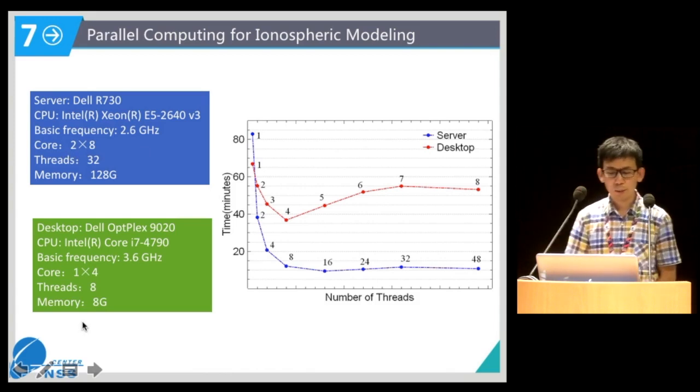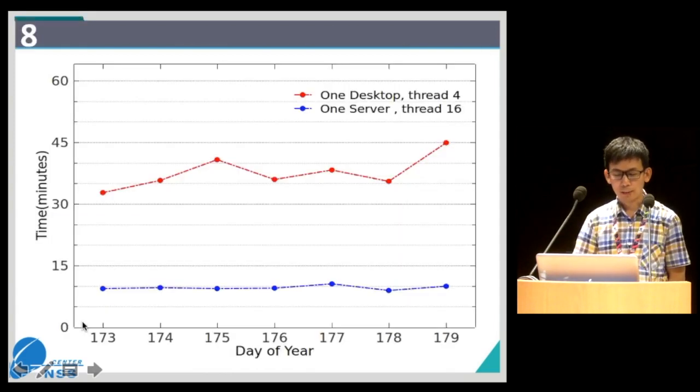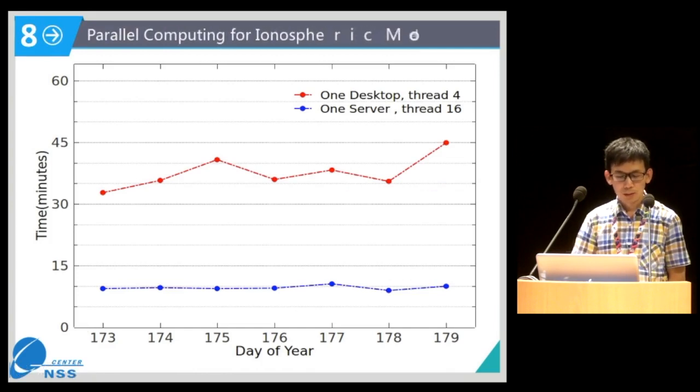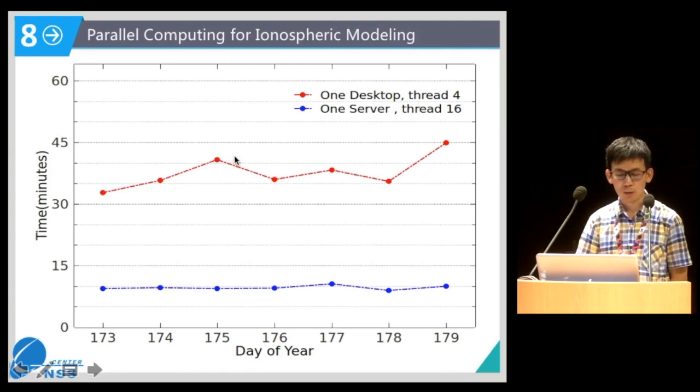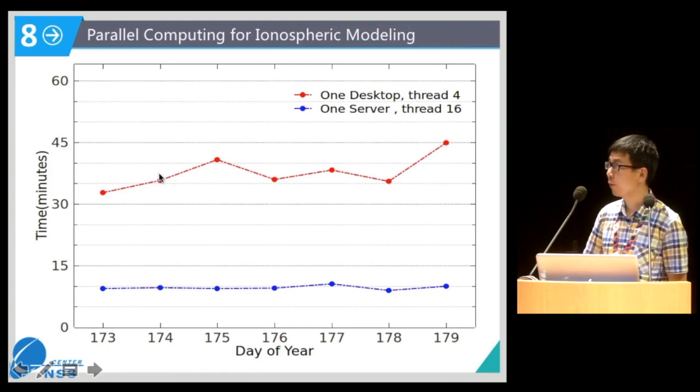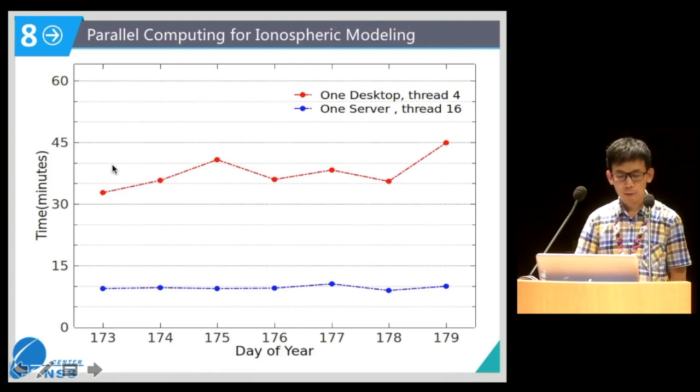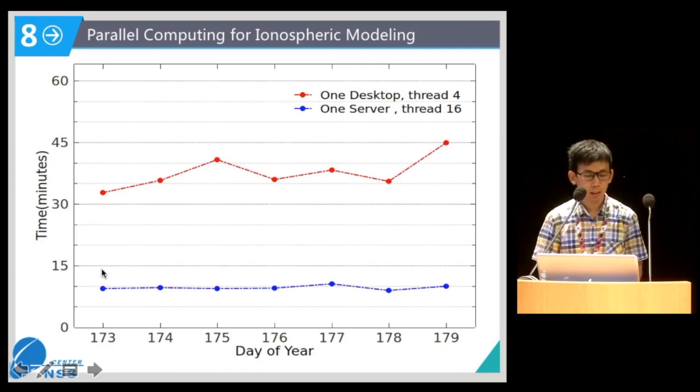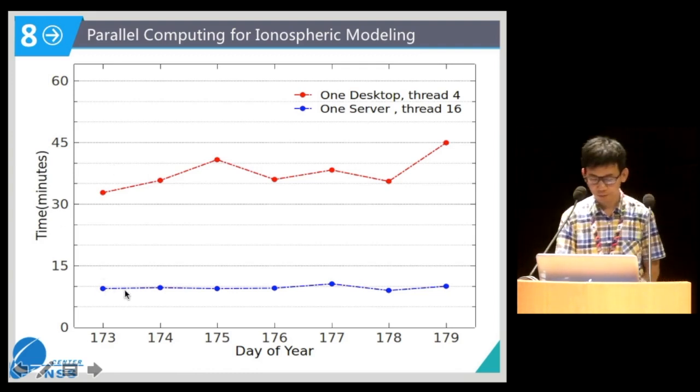With this optimal thread number, we have tested the time consumption for the desktop and the server computer. As for the desktop, it takes about 40 minutes for daily global ionosphere modeling, while for the server computer, it takes only about 10 minutes on average.